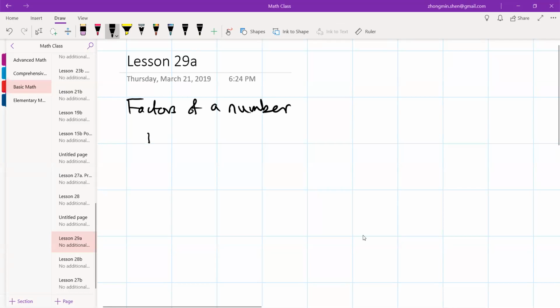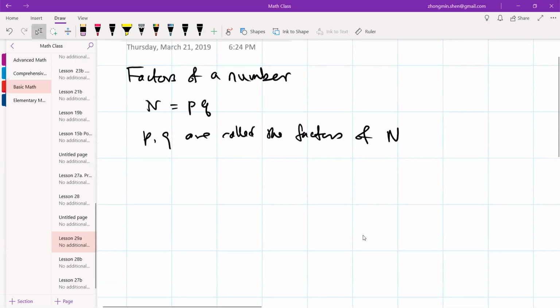A factor of a number N means if you can write N as P times Q, then P and Q are called the factors of N. For example, 6 can be written as 1 times 6 equals 2 times 3.